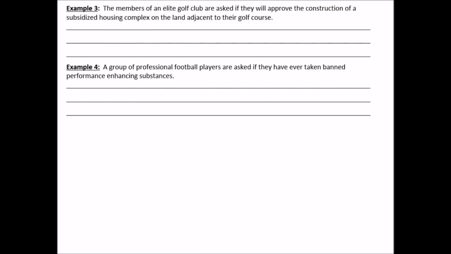All right, example 3. The members of an elite golf club are asked if they will approve the construction of a subsidized housing complex on the land adjacent to their golf course. Okay, this may be a non-response bias.